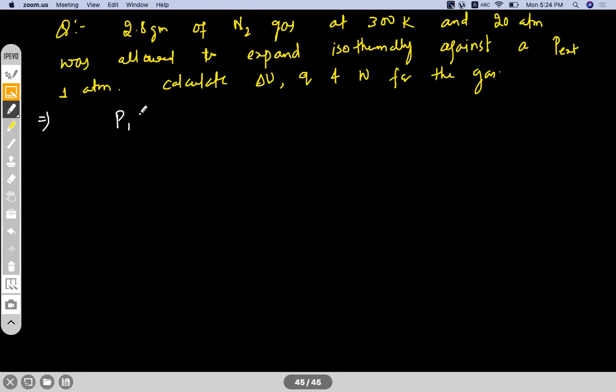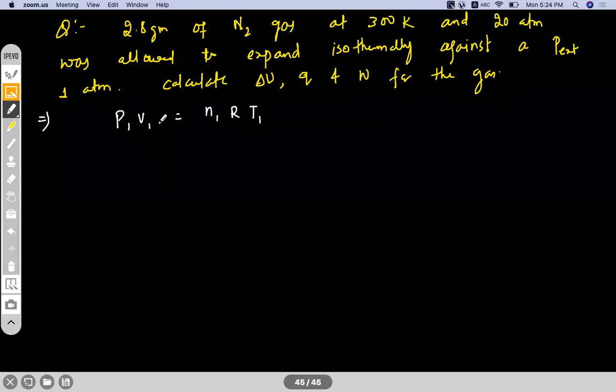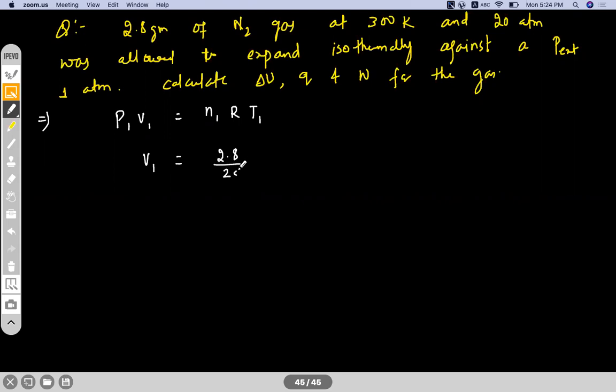P1 V1 is equals to n1 R T1, we can write. Initial condition is this, right? So initial volume is, you can substitute all the values here. Number of moles would be 2.8 divided by 28. R is 0.0821.